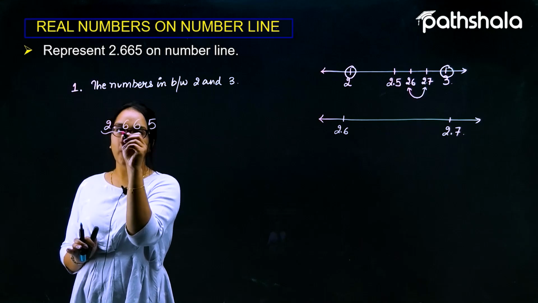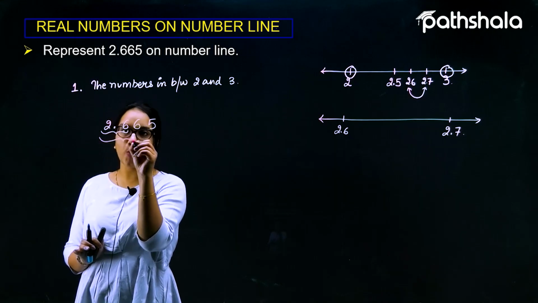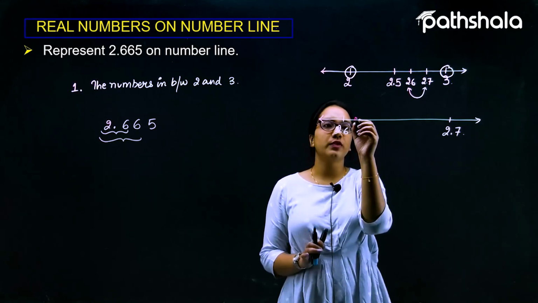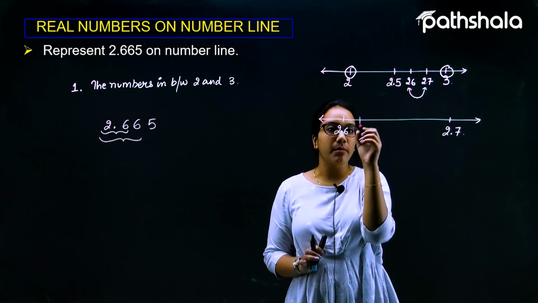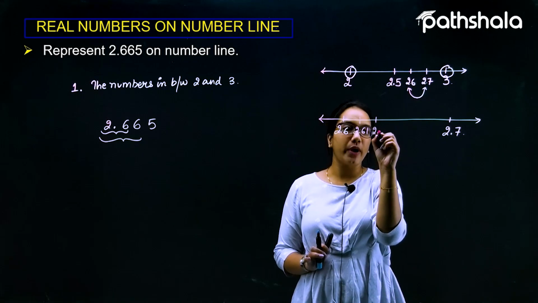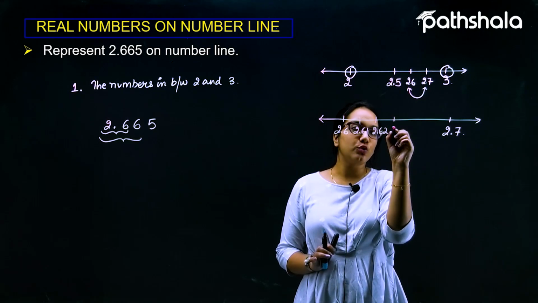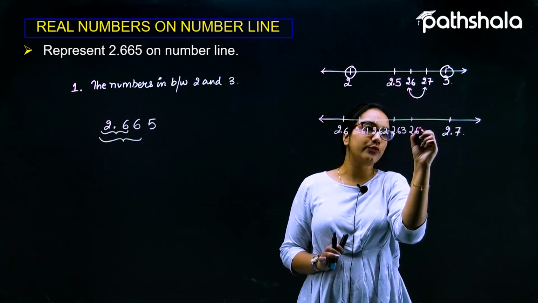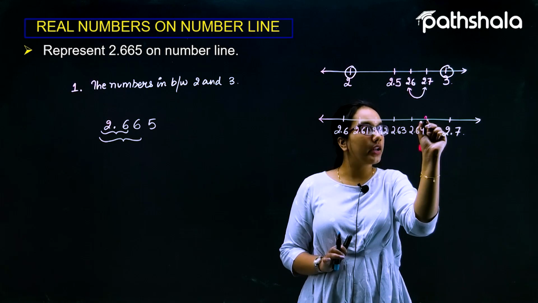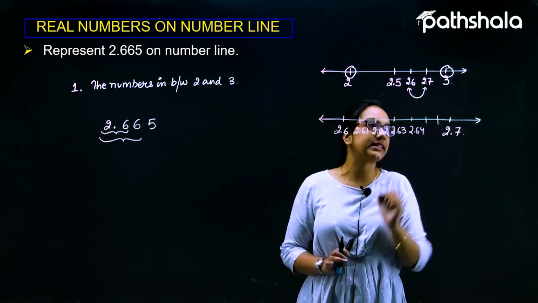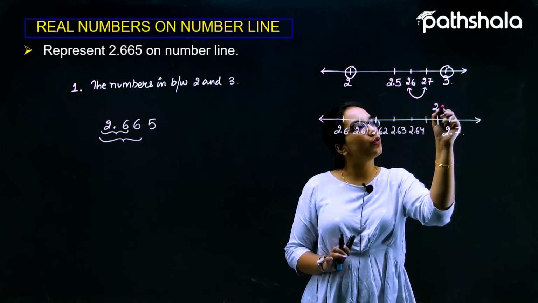After locating 2.6, we have to move on toward 2.66. Let us suppose we are talking about 2.6. So this number will be 2.61, this number would be 2.62, this will be 2.63, this will be 2.64, and somewhere it is 2.65, and this is 2.66. This would definitely be 2.66.